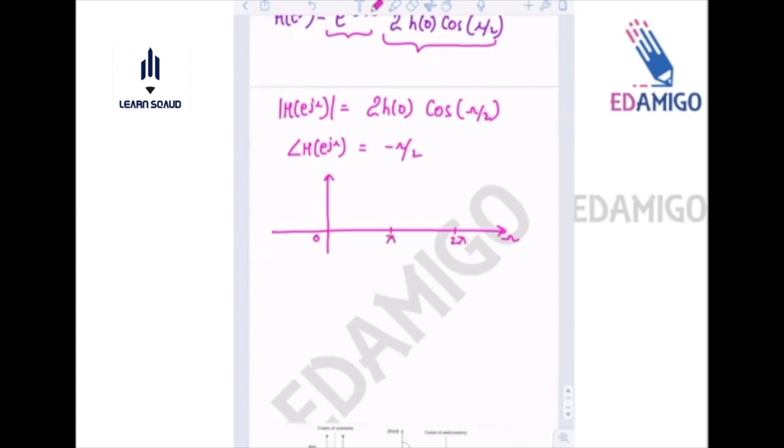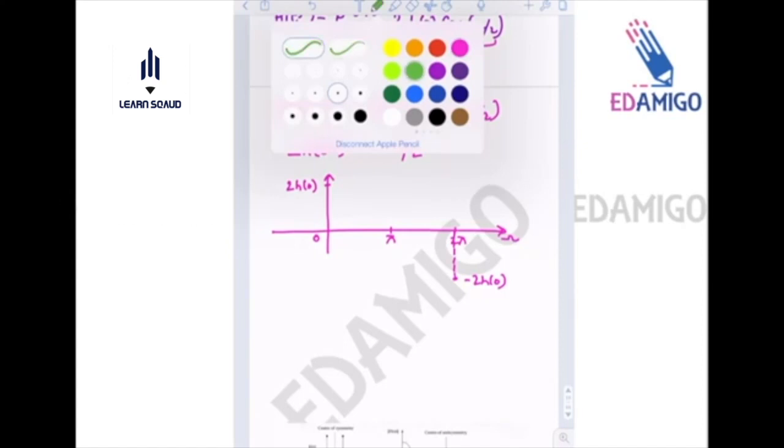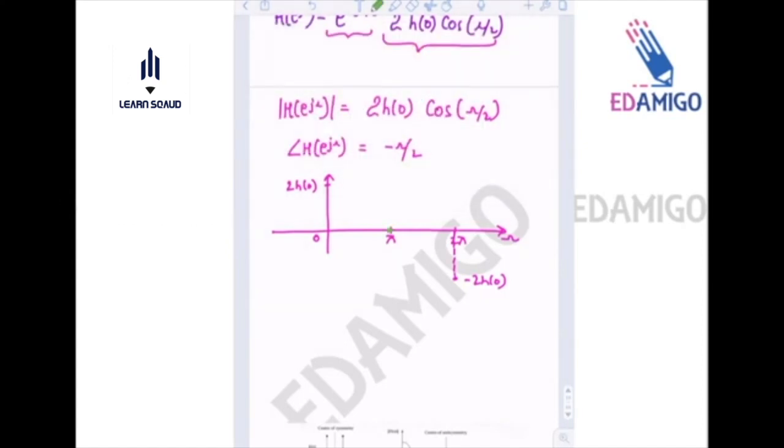So at 0 it will be 2h0, at 2π it will be minus 2h0, as we can see, and at π the magnitude will be 0 because it will be cos of π/2. So the plot will be something like this.